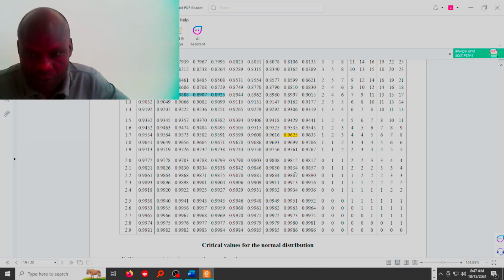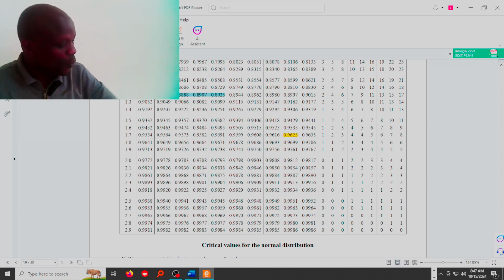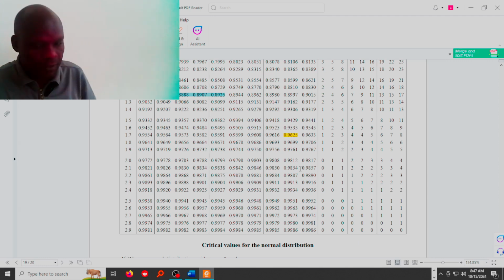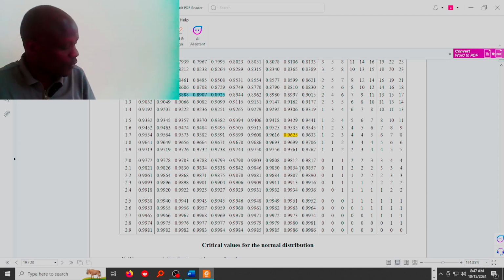So that will be 0.9857. If I subtract that from 1, because we are going on the other tail, the negative tail of our table, then we would have to subtract this value from 1. That is 1 minus 0.9857, and we get about 0.0144, and that's the corresponding value that we want.